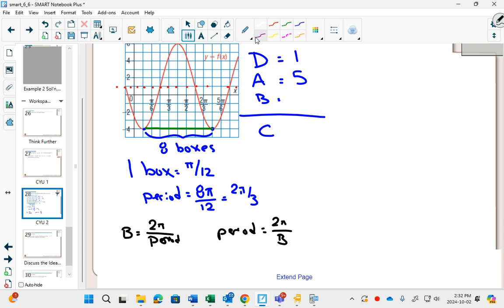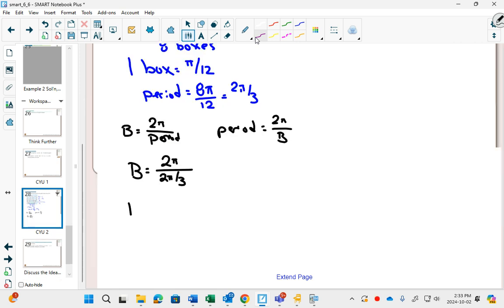So since I know the period, if I use this formula, I could say 2 pi divided by, and my period is 2 pi over 3. Well, how do we divide by a fraction? We multiply by the reciprocal, and very nicely the 2 pi's cancel out. So we get B is equal to 3.